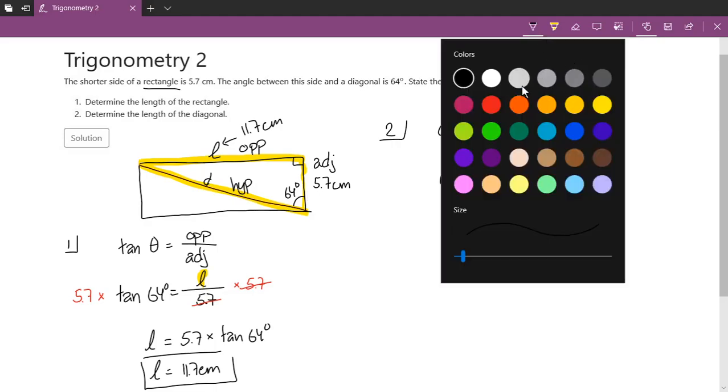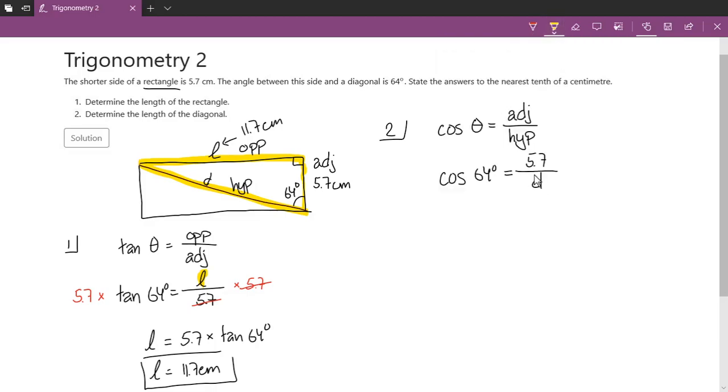Here, we want to solve this time for D, the diagonal. We can start by multiplying both sides by D, because D is in the denominator, and that's a bit of a problem. By multiplying both sides by D, we are moving the D out of the denominator.